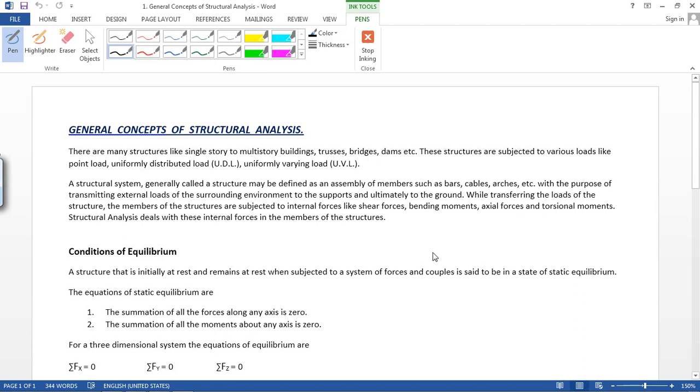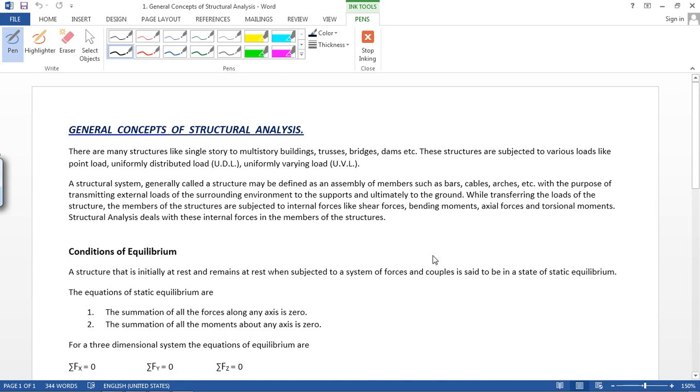While transferring the loads of the structure, the members of the structure are subjected to internal forces like shear force, bending moment, axial force, and torsional moment, reaction force, etc. Structural analysis deals with these internal forces in the members of the structure.